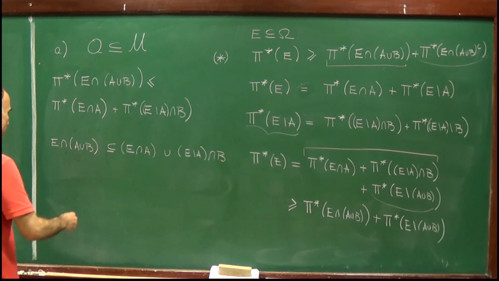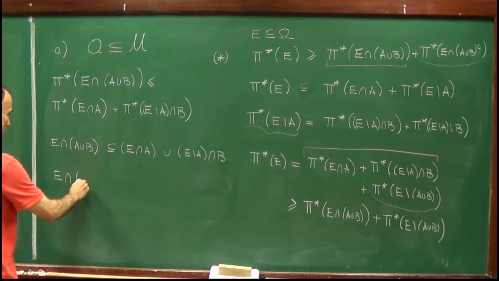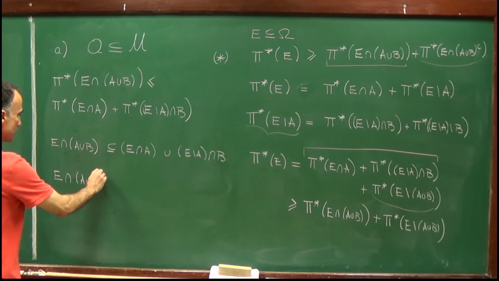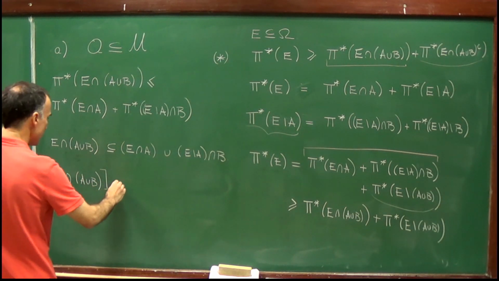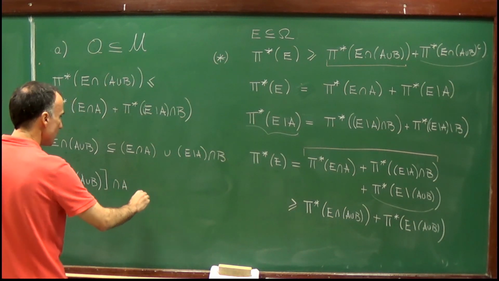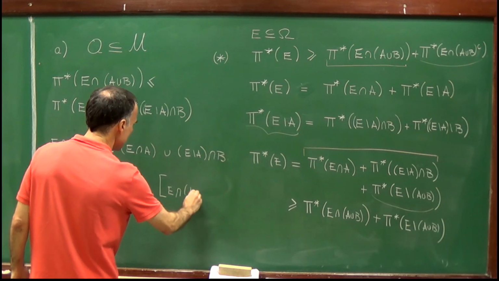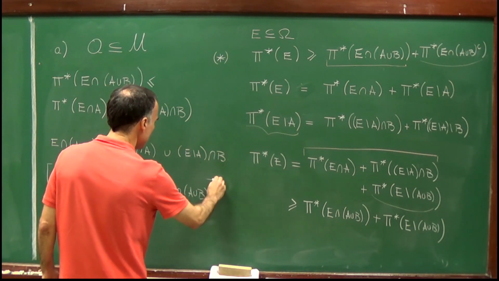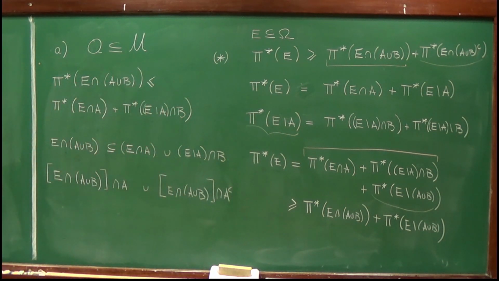And what we will do, we will consider this set, E intersection A union B. This is equal to, if I take this set and I intersect it with A, union E intersection A union B intersection with A complement. So let's see what we have here. Here we have the intersection with A, so let's distribute this intersection in these two sets.